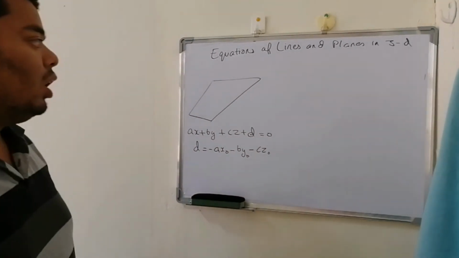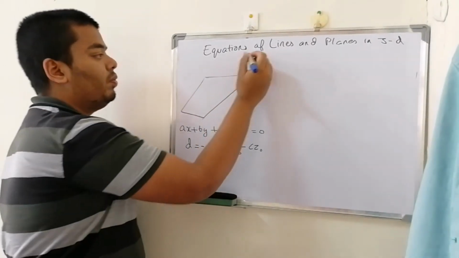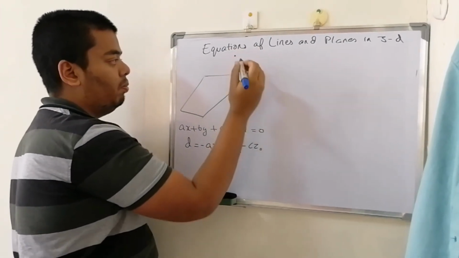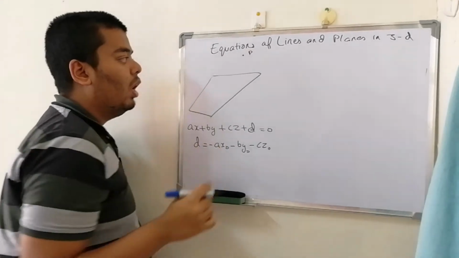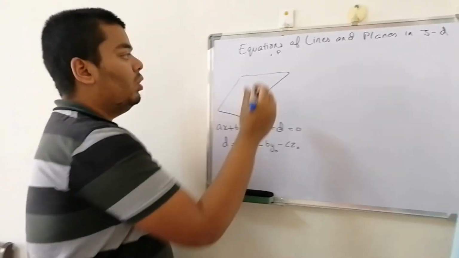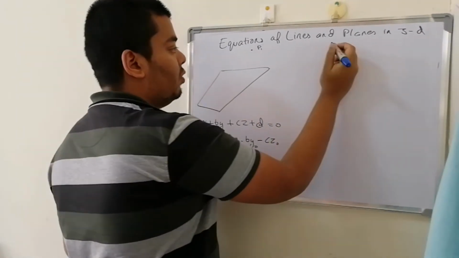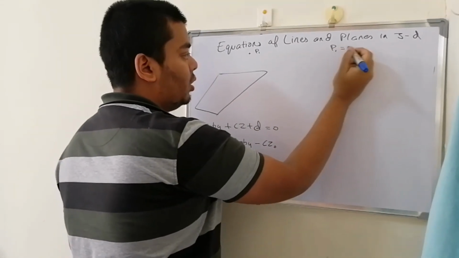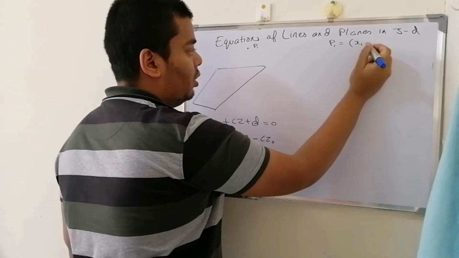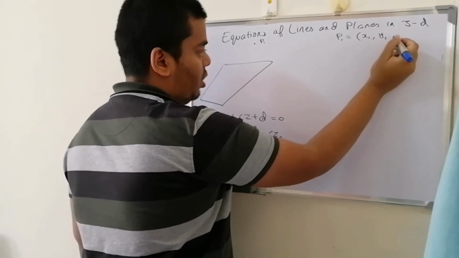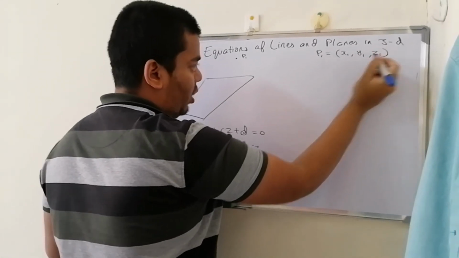Okay, let's take a point P here, which is not in the plane, and we'll call it P1. The point P1 is given by x1, y1, z1.